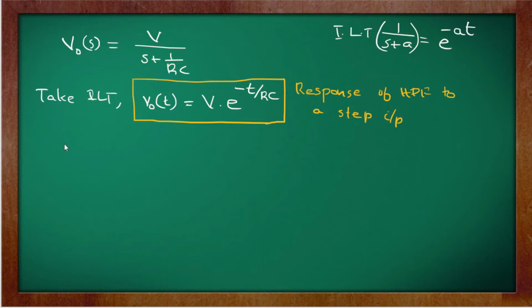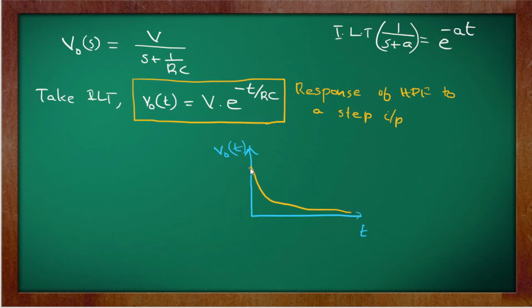Okay, so if I plot this, what will I get? If I plot V e raised to minus t by RC, this is an exponentially decaying function. If I plot V naught of t with respect to t, what I am getting is an exponentially decaying function.